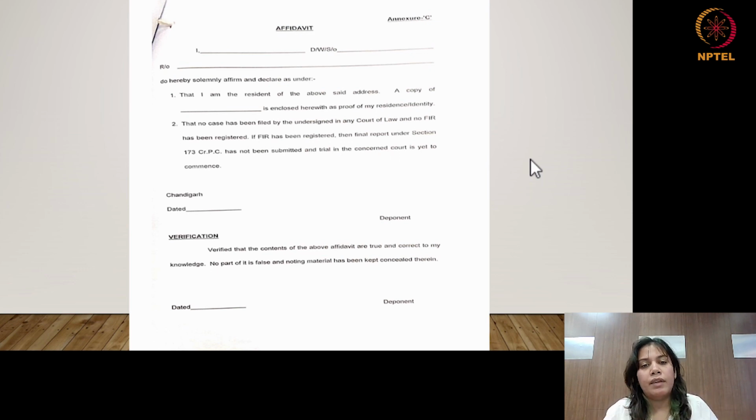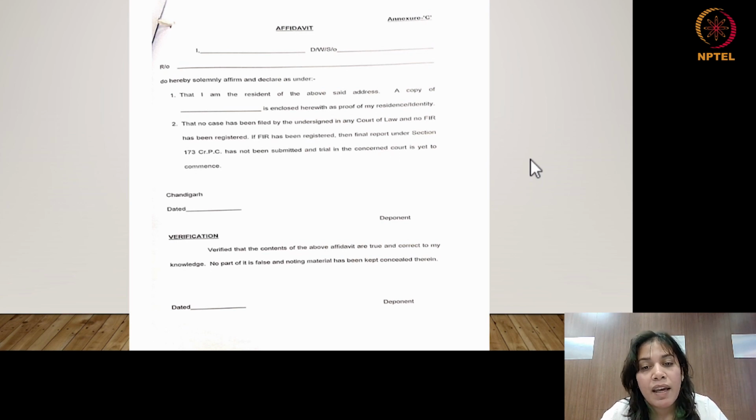So, in the affidavit, the address proof would be given, and it would also be stated that there is no criminal charge or criminal case going on in the particular dispute.